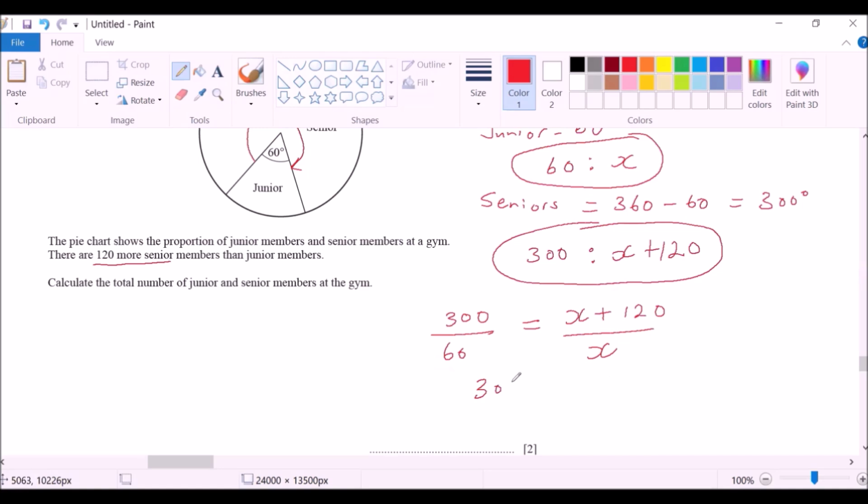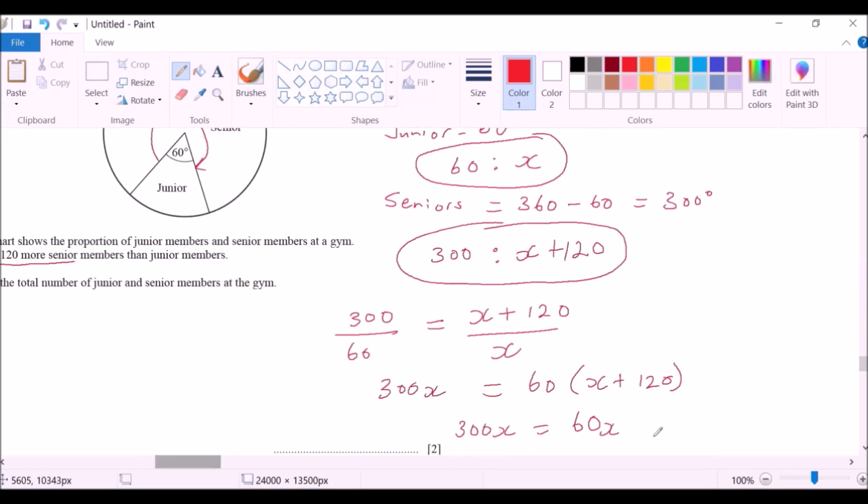So we have 300x is equal to 60 times x plus 120. So 300x is equal to 60x plus 120 times 60, which is 7,200.